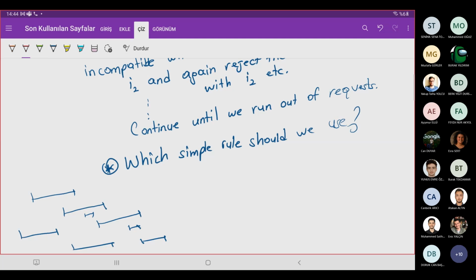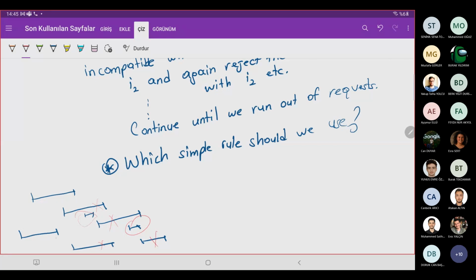So a simple rule to select it, that's the rule. For example, I have a rule. I don't know which one, but I have a rule. Let's say I select this one. Then I remove the ones that overlap with it. Then I'm left with the remaining. So with the remaining, for example, I select this one. And then I reject this one because it overlaps.